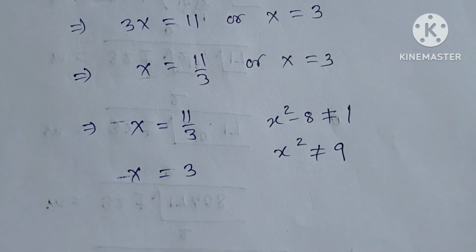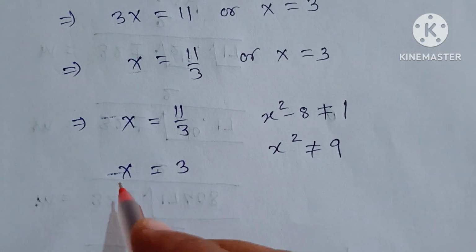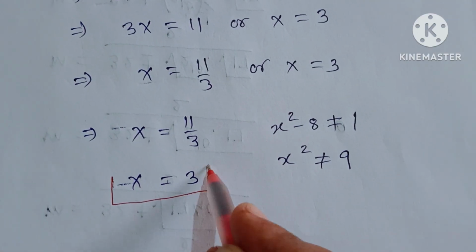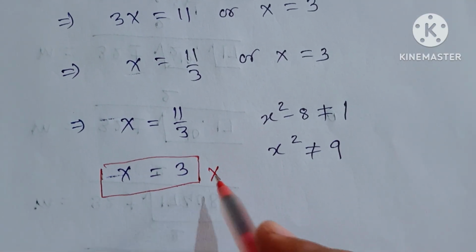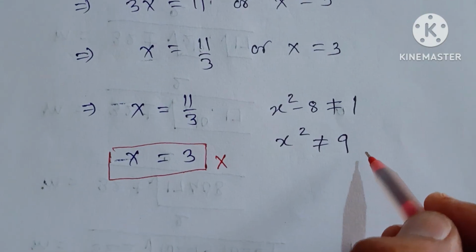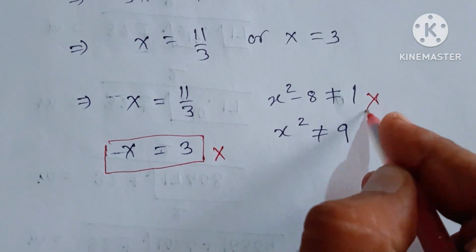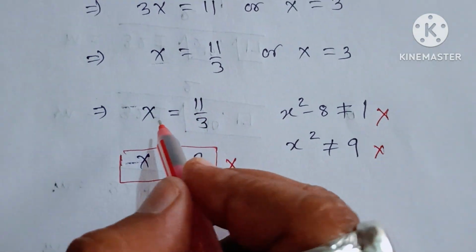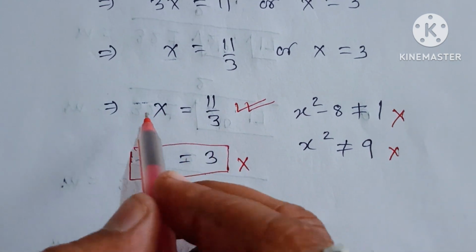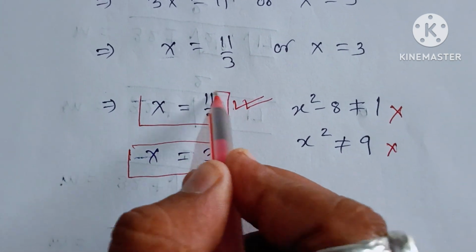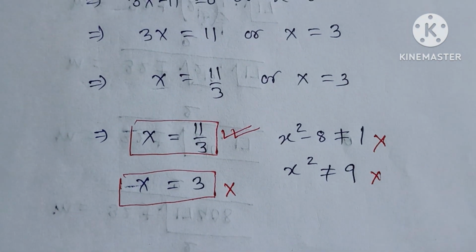So in this way we can say that x equal to 3 does not satisfy the equation, and this is the correct solution: x equal to 11 by 3 satisfies the whole equation.